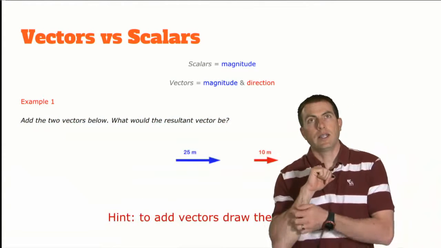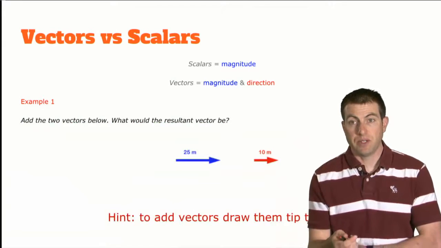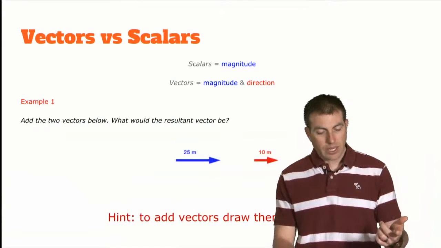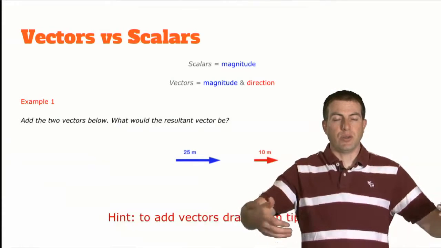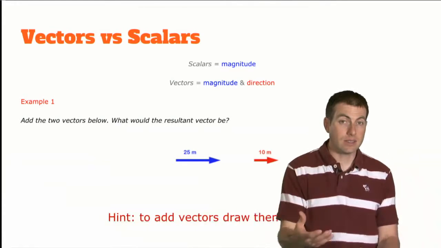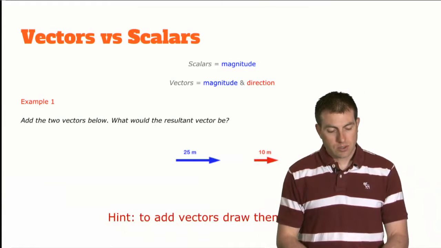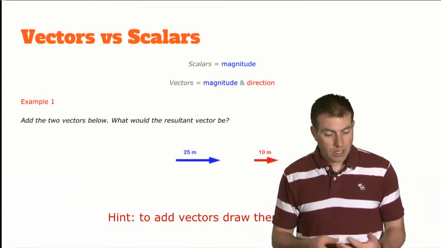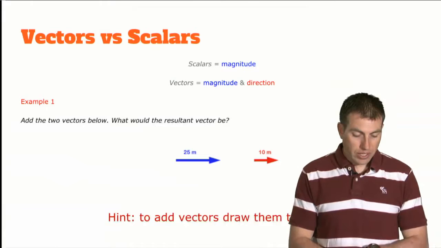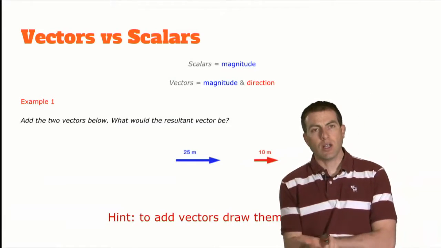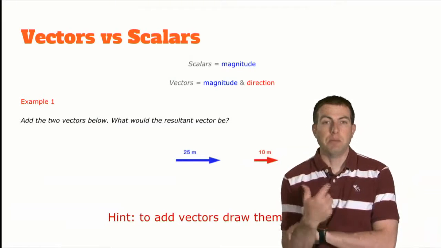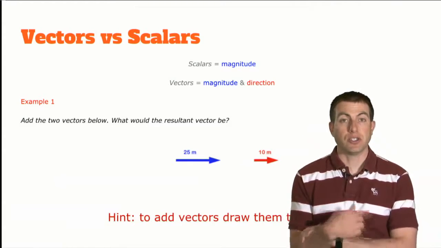So again, talking about the vocabulary of physics, scalars just have a magnitude, so they just have a distance associated with them. Vectors have a distance and a direction. If we look at the example here, add the two vectors below, what would the resultant vector be? We're going to talk a lot about adding vectors, and the best way to describe a vector is to draw an arrow.